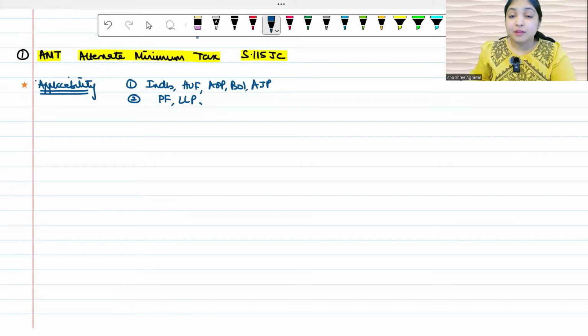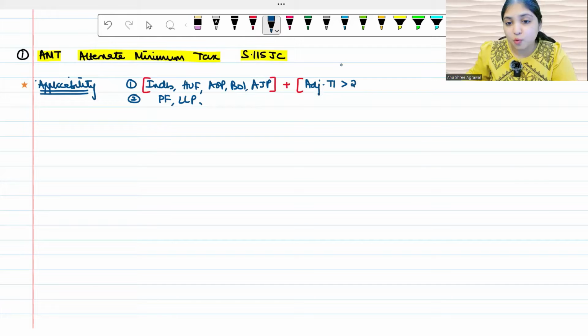But however, point to be noted, it doesn't apply to every individual HUF, AOP, BOI, AJP. It applies only to those individuals HUF, AOP, BOI and AJP whose adjusted total income is more than 20 lakh rupees.